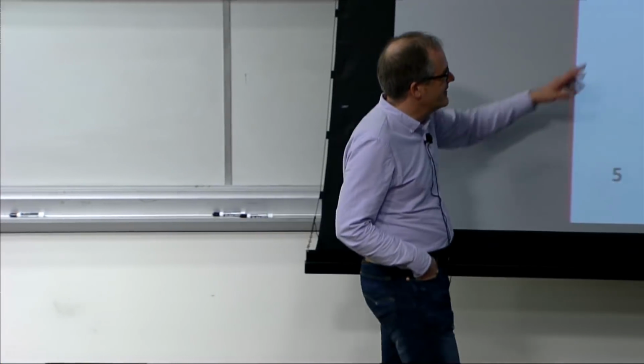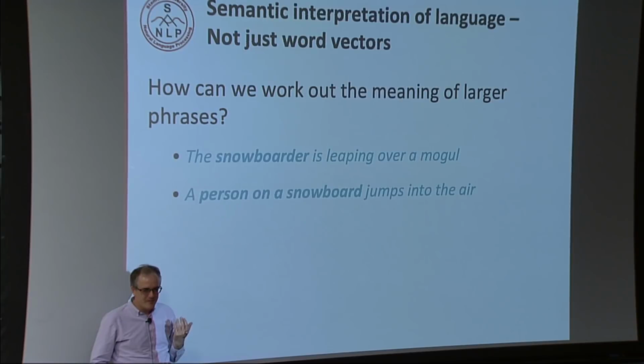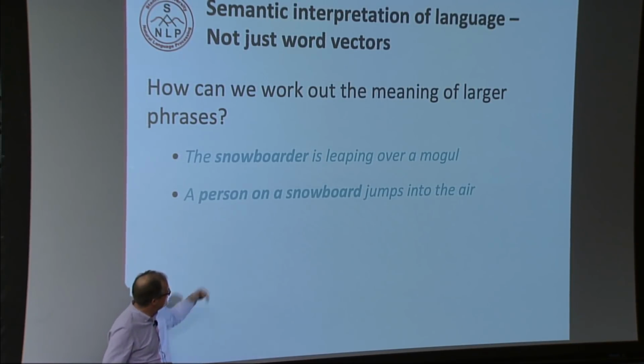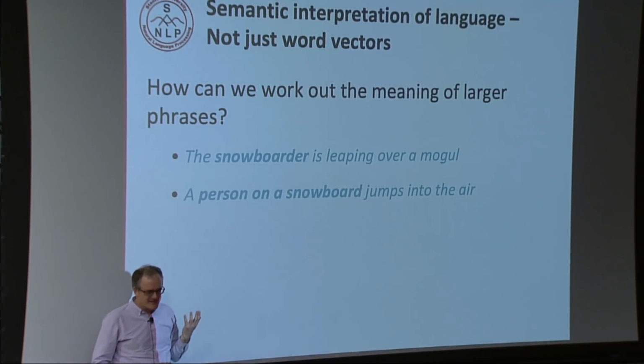There's another related thing you might want to think about: a person on a snowboard, how do human beings manage to understand what that means? And then a person on a snowboard jumps into the air, how do people manage to understand what that means?